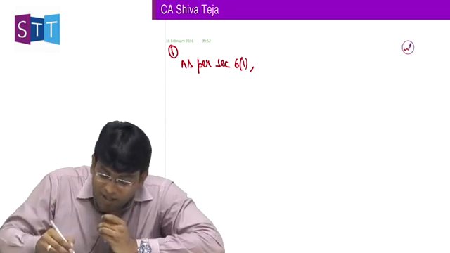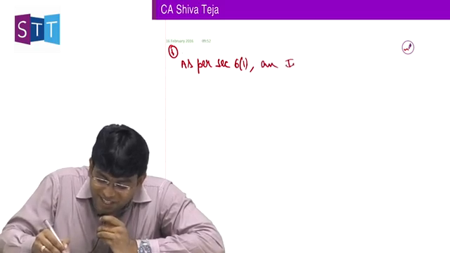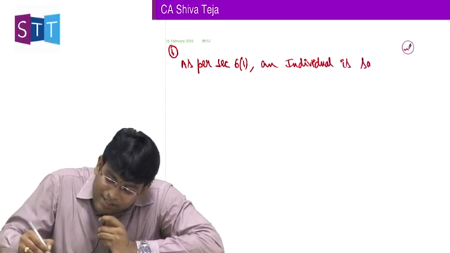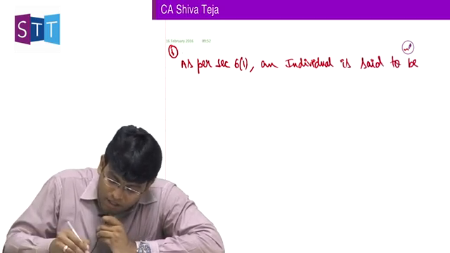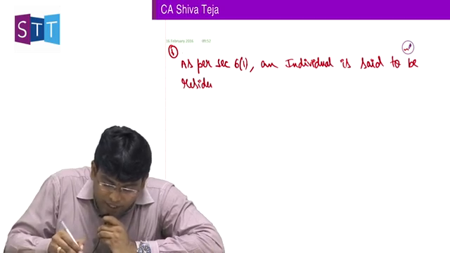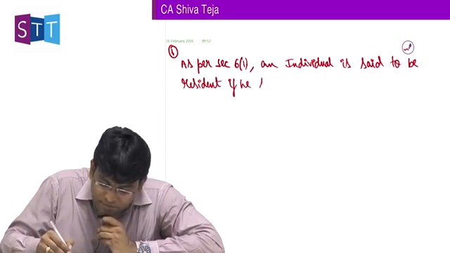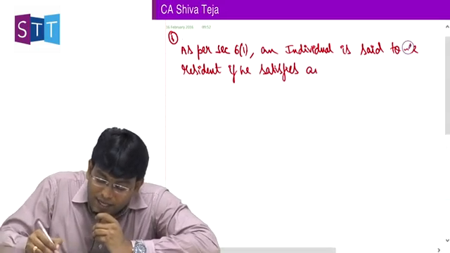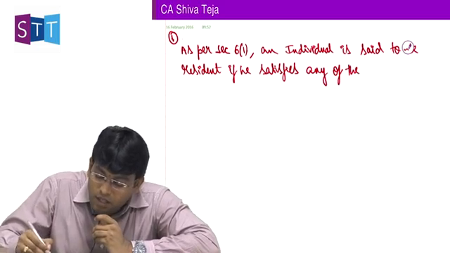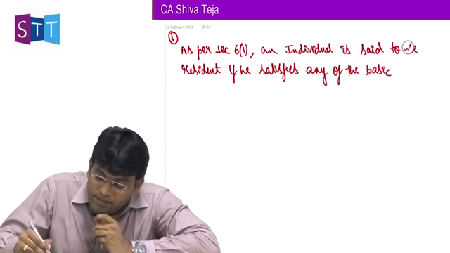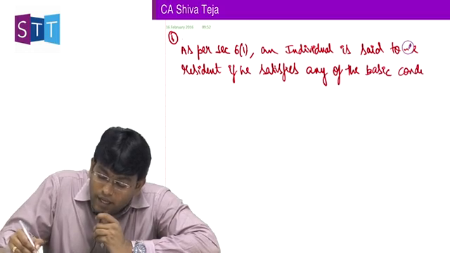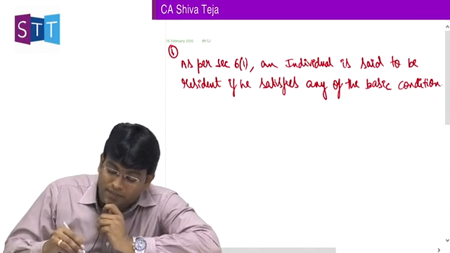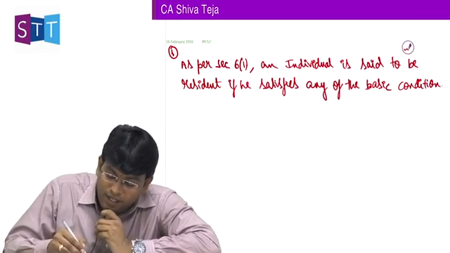As per section 6.1, an individual is said to be resident if he satisfies any of the basic condition.